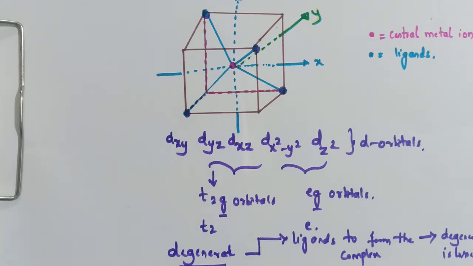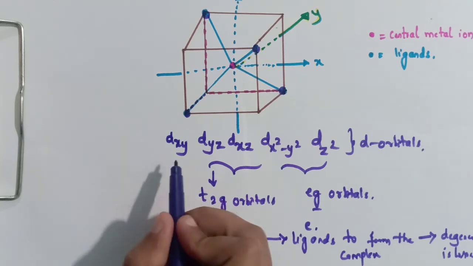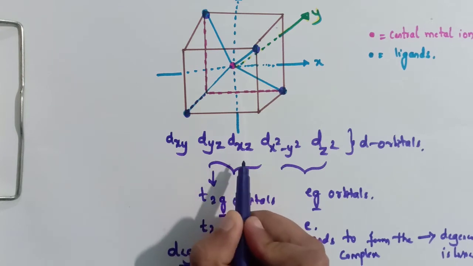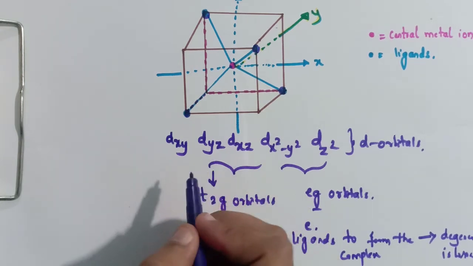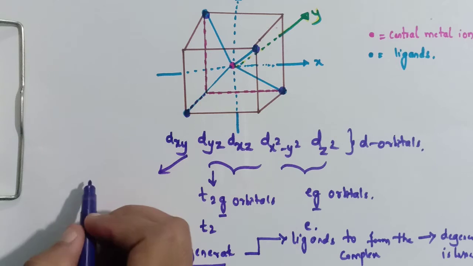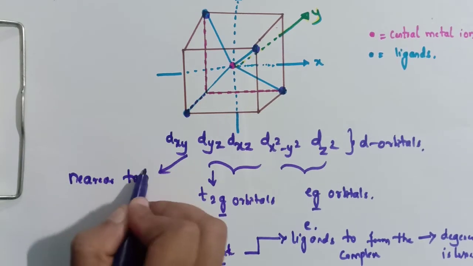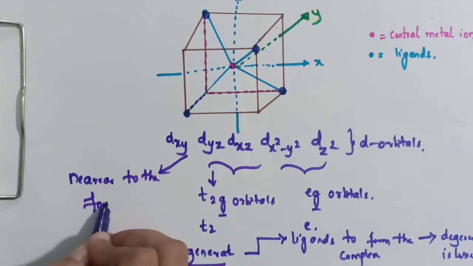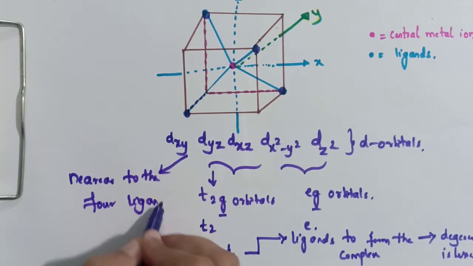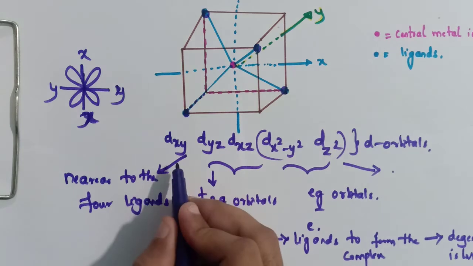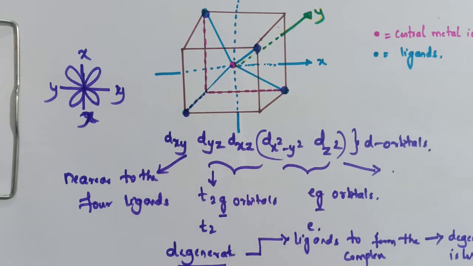Now let us study. See here, these t2 orbitals, that means the dxy, dyz and dxz orbitals, are nearer to the 4 ligands. See in the dxy, dyz, dxz, the lobes are in between the axes.